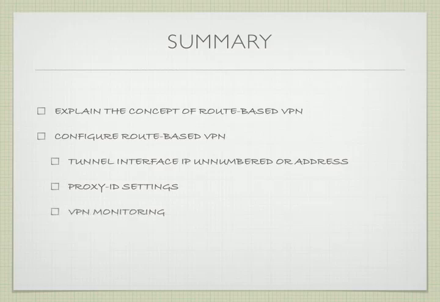And you should understand how VPN monitoring will allow you to keep your tunnel up and operational, and the parameters that are settable in a VPN monitor. And finally, you should be aware of the tools that are there to troubleshoot route-based VPN.